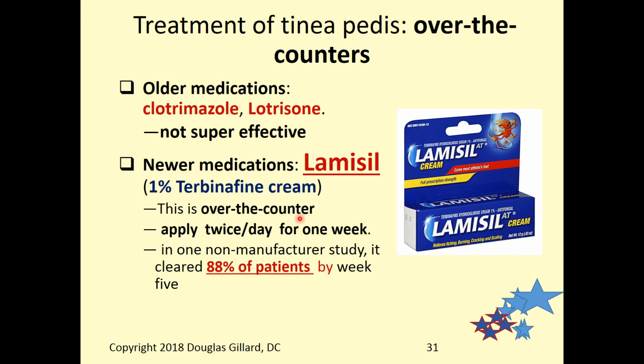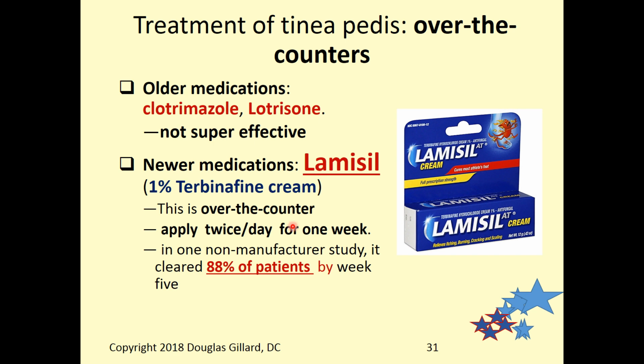Over the counter, if it's not too bad, you can try this Lamisil, which is a 1% terbinafine cream. This is over the counter, twice a day you put it on. And the older medications don't work. This clotrimazole and Lotrisone just don't work anymore. Lamisil is better.